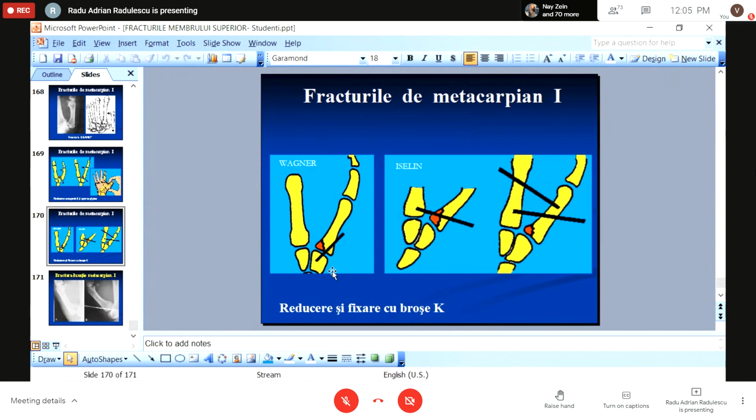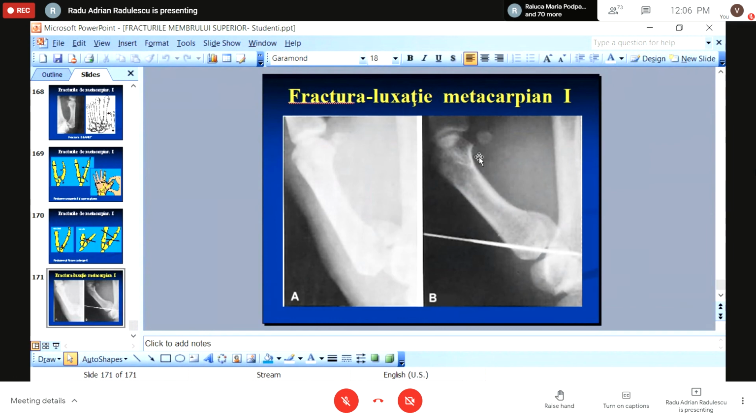This fixation will be temporary for about 6 weeks until we obtain a primitive union of the small fragment at the basis of the metacarpal bone. Then we remove the K-wires and the patient can start the physical rehabilitation. Here is an X-ray after such a surgery showing the K-wire which was introduced in the two bones.